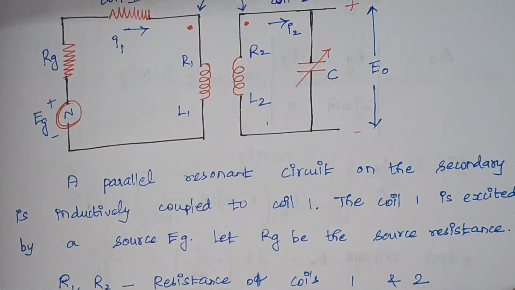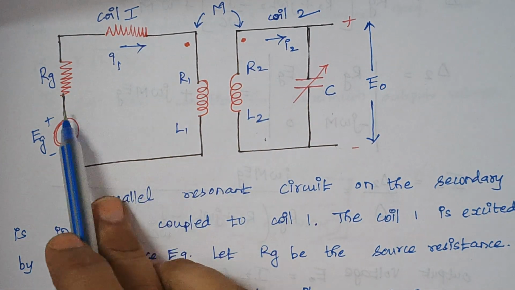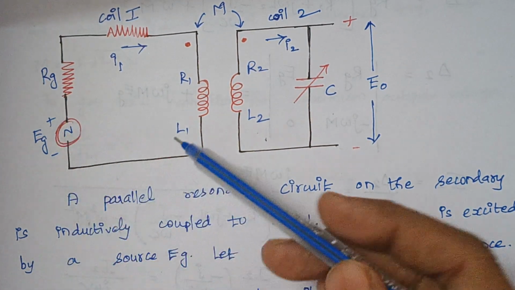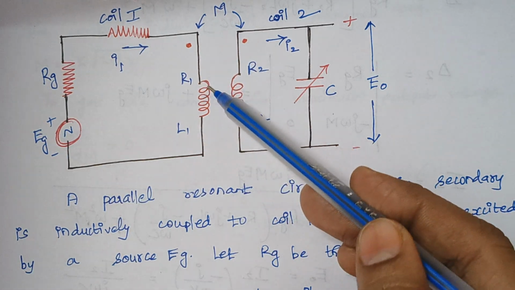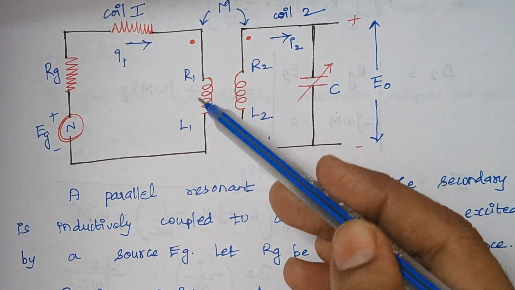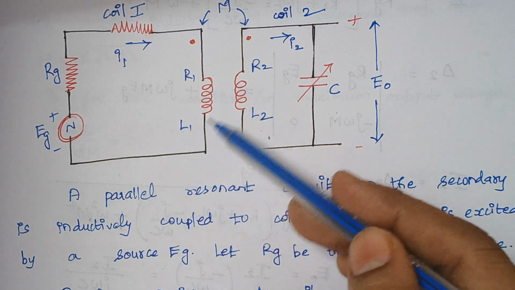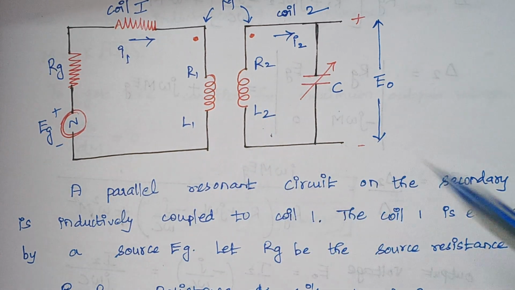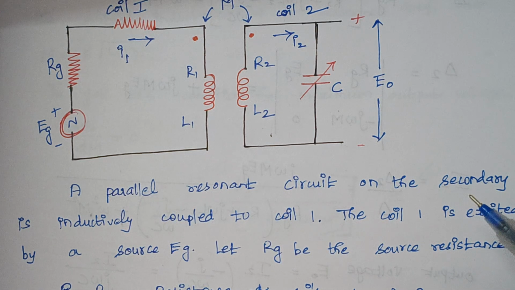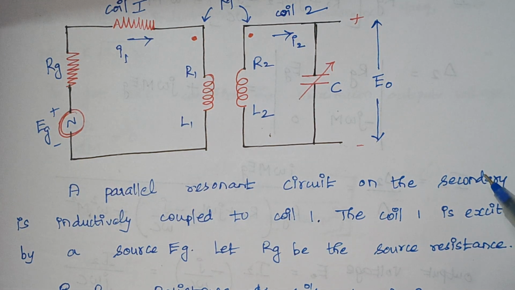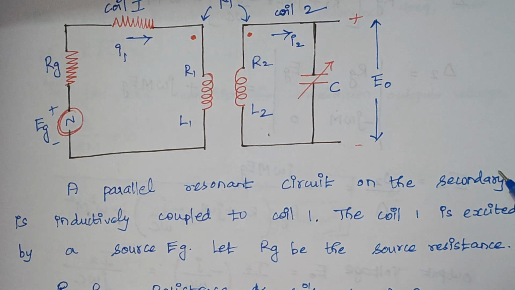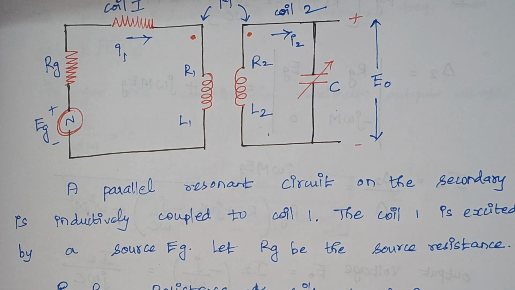We have I1 RG, then I1 R1, then the voltage drop due to the inductor L1, and finally there will be some mutual inductance. We have to include that also, that is, the drop due to the mutual inductance should also be considered.